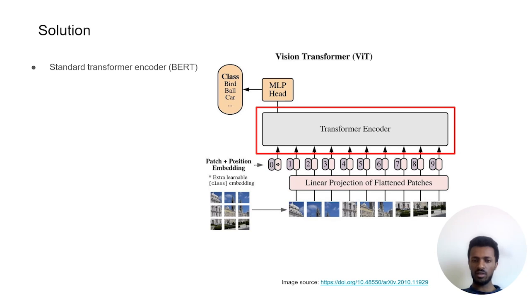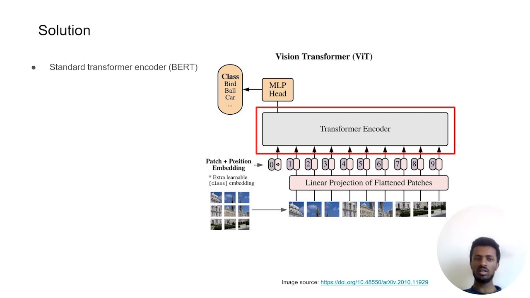So after having the embedding, we will feed this input to the transformer architecture, and the core of the transformer encoder architecture consists of multiple layers, each comprising a self-attention mechanism and feed-forward networks.